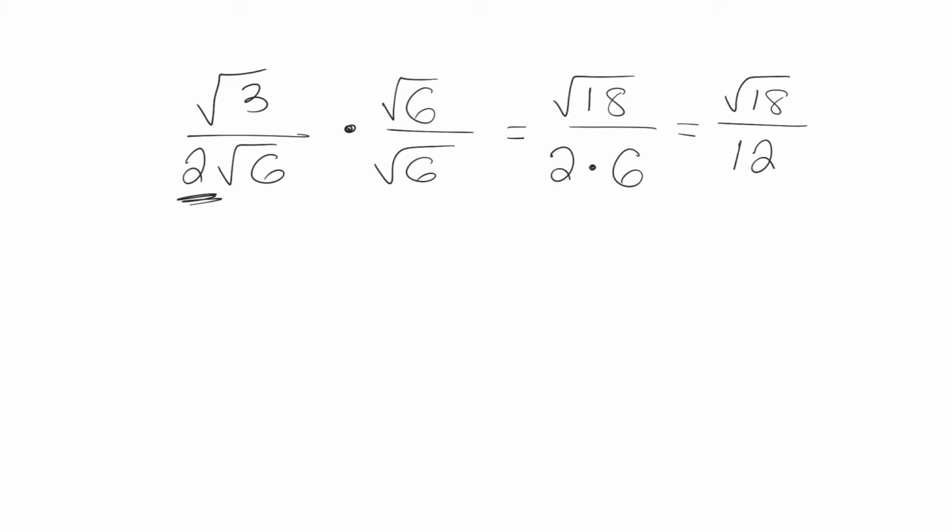If we broke that down, we would get a 9 and a 2, and we know that that 9 can break down to 3 and 3. So that's going to give us 3 root 2 over 12. The 3 and the 12 can simplify to root 2 over 4. Good job. That's it. I'll put up some practice problems and we'll give this a go.